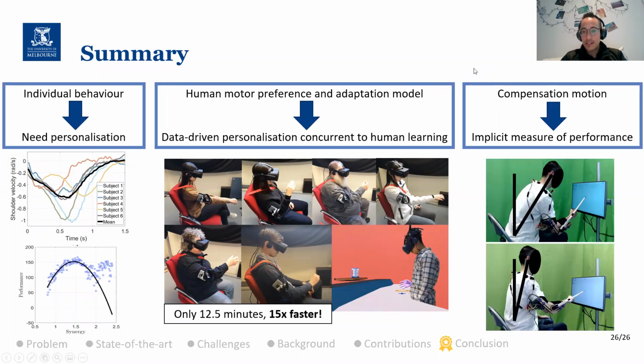And just to wrap up, what we talked about at the end, that compensation motion was quite a successful measure of performance that doesn't need to be provided to the person for this particular case. And for me, it motivates looking at beyond prosthetics, whether there's any interplay between human and autonomous system, where you don't need to make this sort of measures of performance explicit.